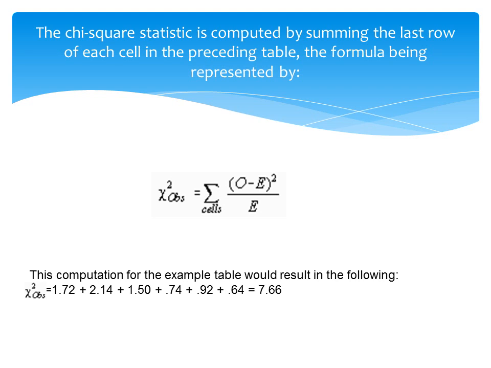So that would be the total over cells of the observed minus the expected squared, divided by the expected. So if we take all the numbers that were in the contingency table that we've been working with, we would total all those up and come up with 7.66.